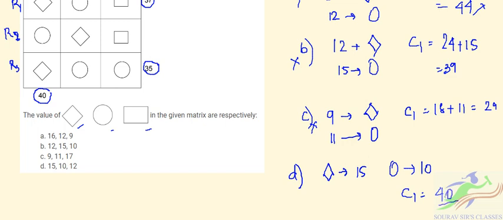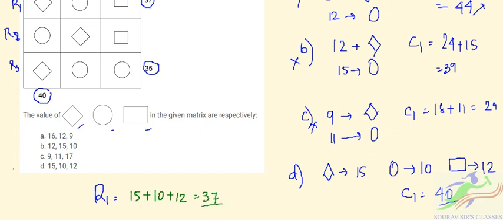Now we want to check along row 1 with option D, so we also consider the square figure over here as 12. In row 1 we add all these numbers: 15 plus 10 plus 12, which is 37.